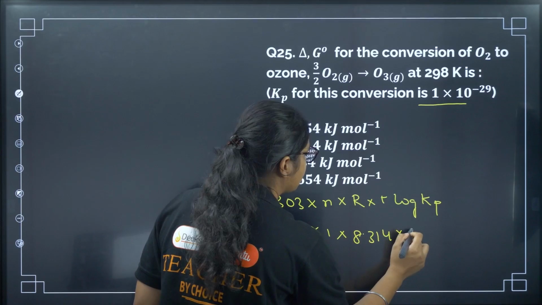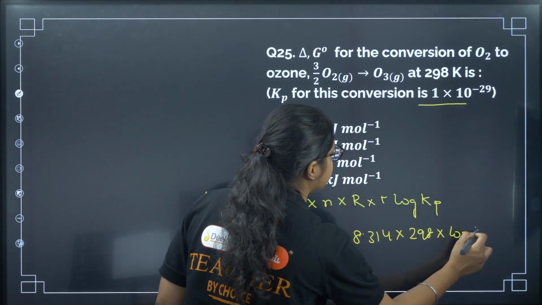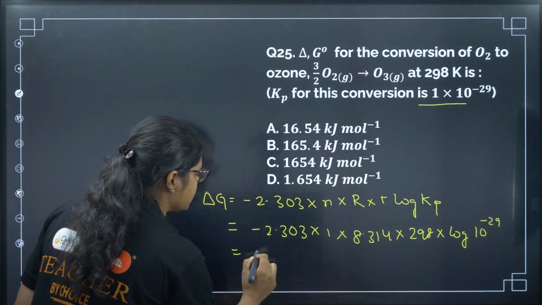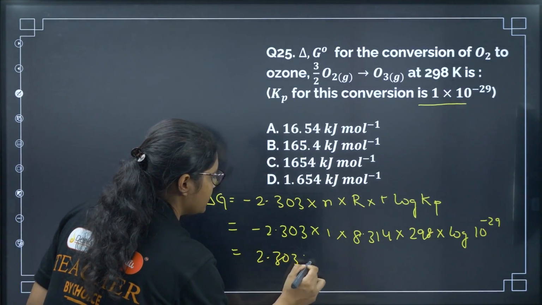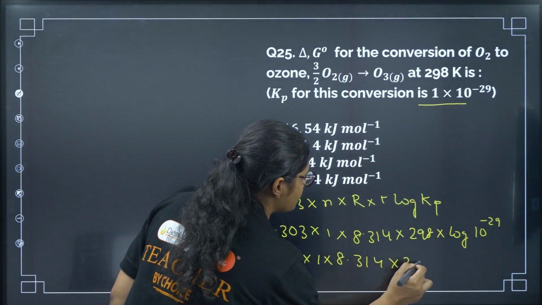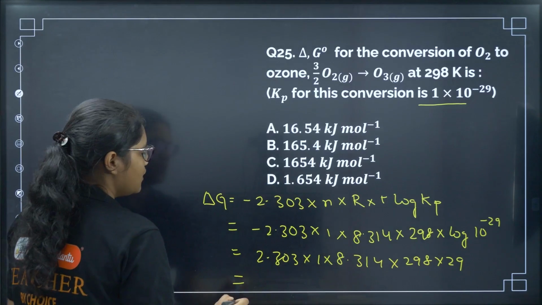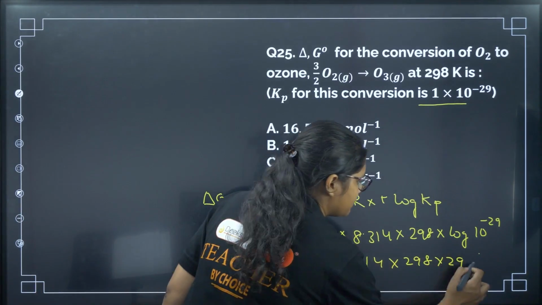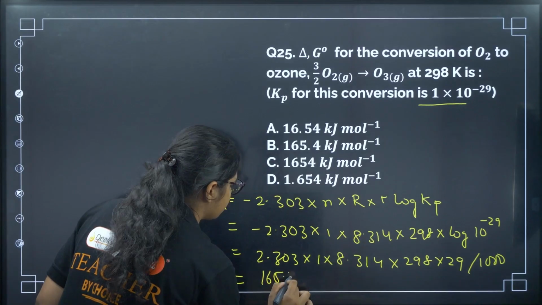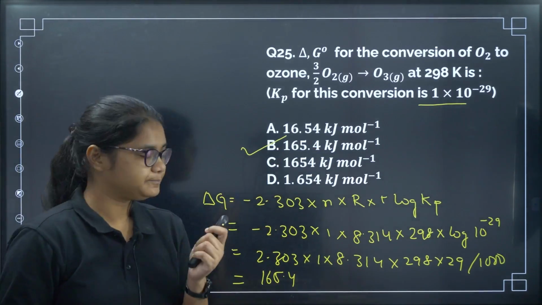Then temperature is 298, and then log of Kp is 10 to the power of minus 29. That 29 will come here. So we'll get 2.303 into 1 into 8.314 into 298 into 29. If you solve this value, divided by 1000 because kilojoules are there, we will be getting around 165.4. So the correct answer for this question will be option number B.